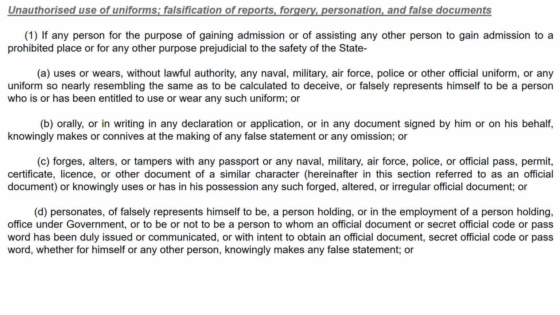If any person, for the purpose of gaining admission, or of assisting any other person to gain admission, to a prohibited place, or for any other purpose prejudicial to the safety of the state, uses or wears without lawful authority any naval, military, air force, police, or other official uniform, or any uniform so nearly resembling the same as to be calculated to deceive, or falsely represents himself to be a person who is or has been entitled to use or wear any such uniform.